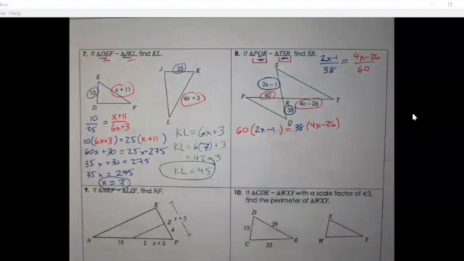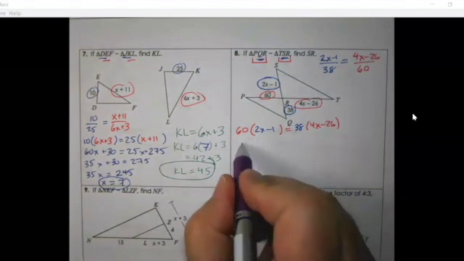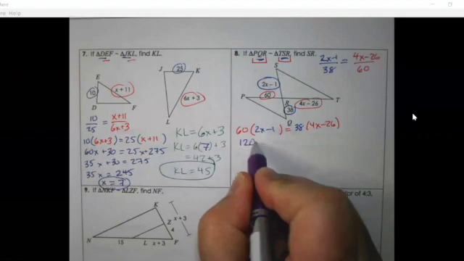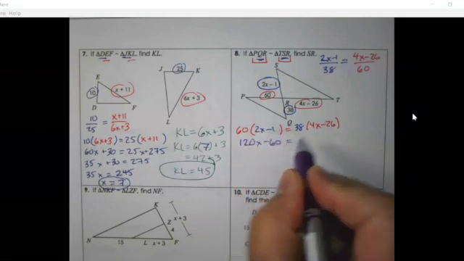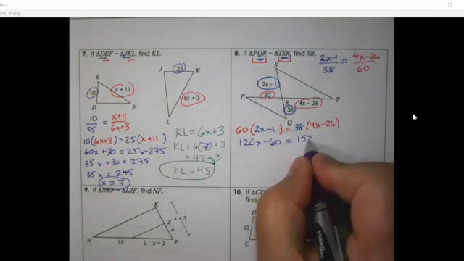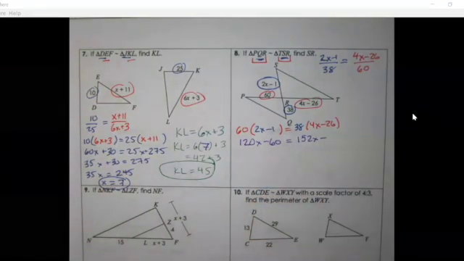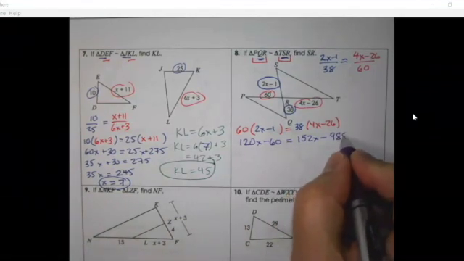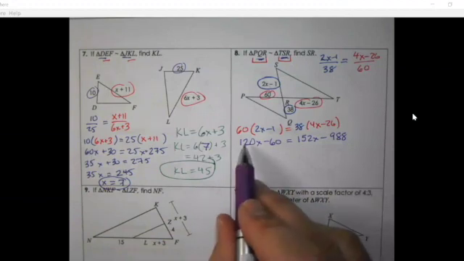So 60 times 2x is 120x minus 60 equals 38 times 4 is 152x minus 26 times 38, 988. Now let's keep the x's positive.